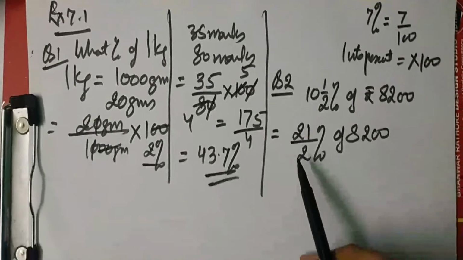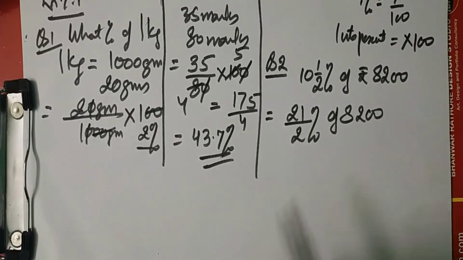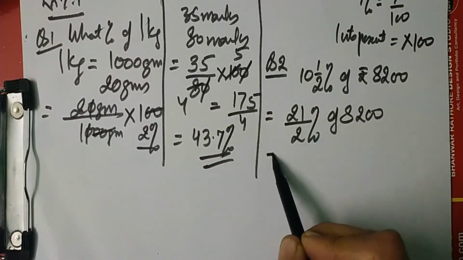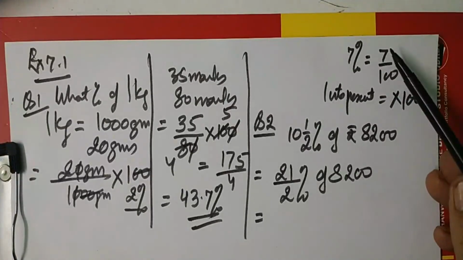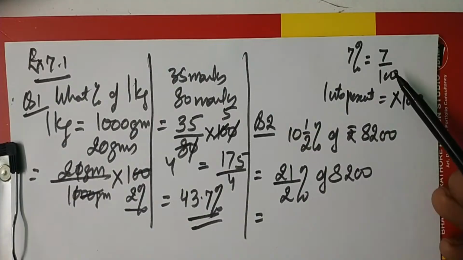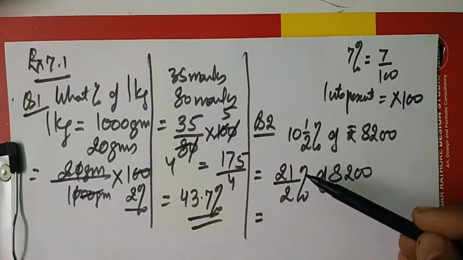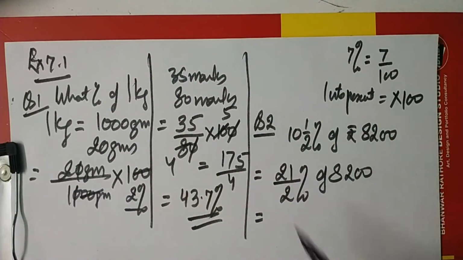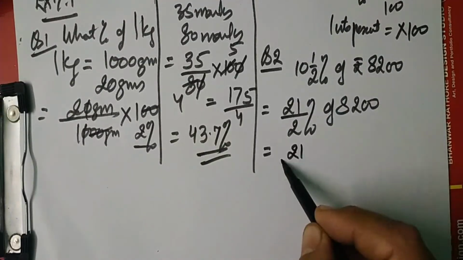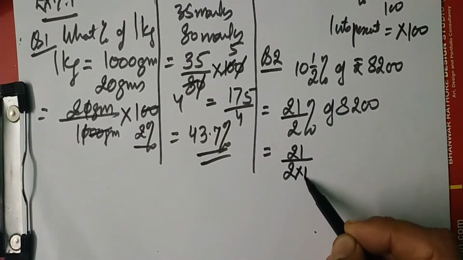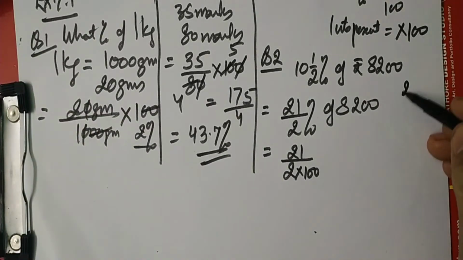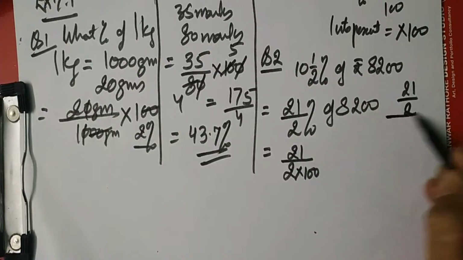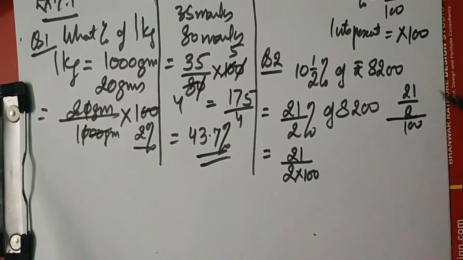So 21 upon 2% of 8200 means the percentage sign will become 21 upon 2 and upon 100, because percentage sign means upon 100. So here there is a percentage sign, so 100 will come down. It will become 21 upon 2 divided by 100, so 2 will come down, it will become 2 into 100.